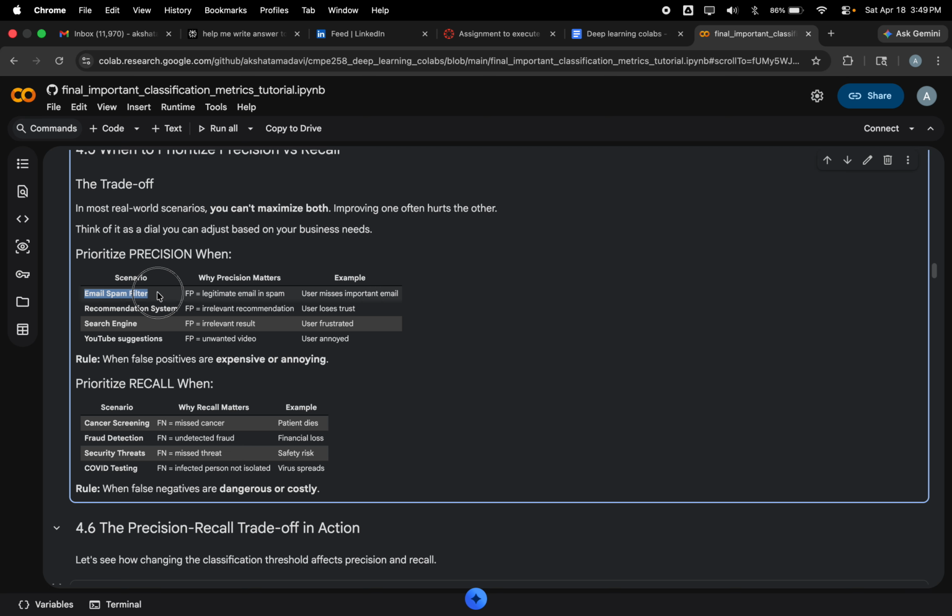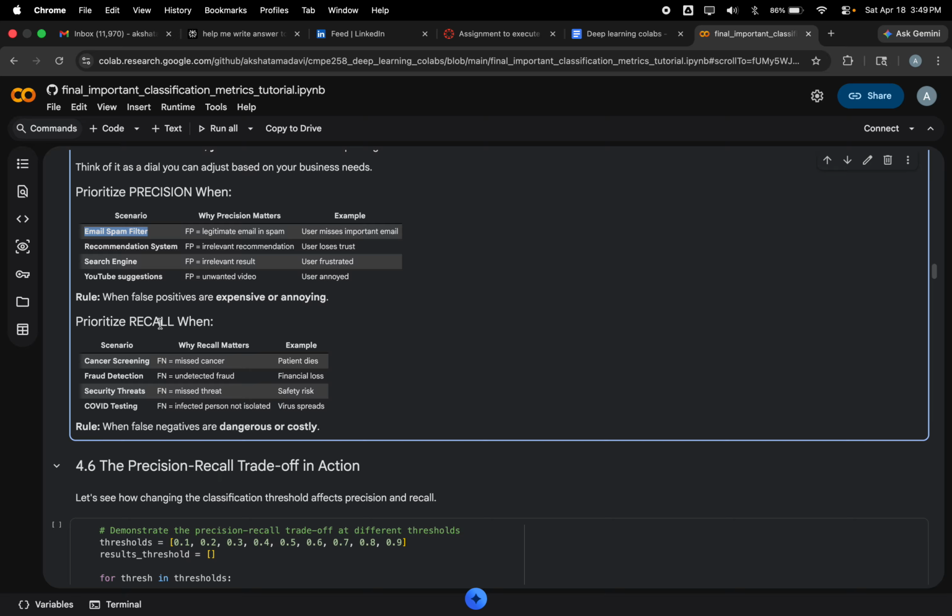Like an email spam filter, you don't want to mark any important mail as spam. Here the false positives are expensive, so you look at high precision at that time.